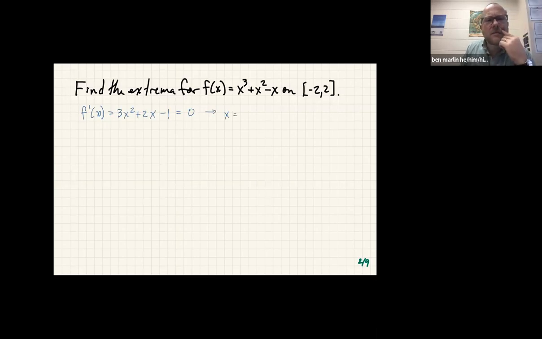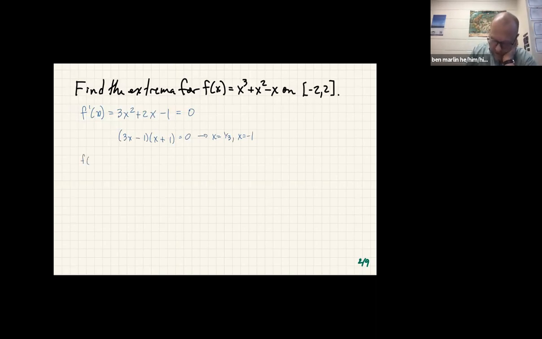Maybe we can factor that? It would have to be a 3x, an x, and if we had a +1 and a -1, yeah, we can do that. So that's a little bit easier if you can get it to work. I know everybody loves the quadratic formula, but those are our points, all right? And those are the only things we have to worry about.